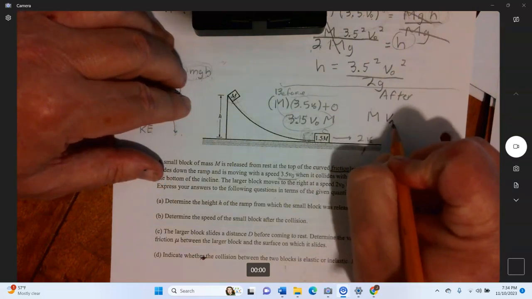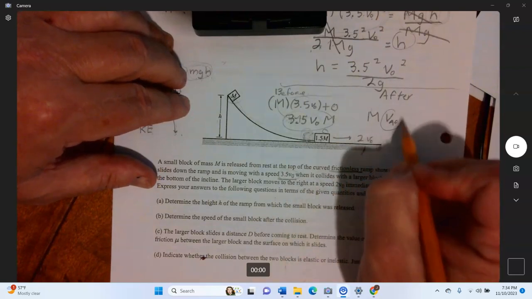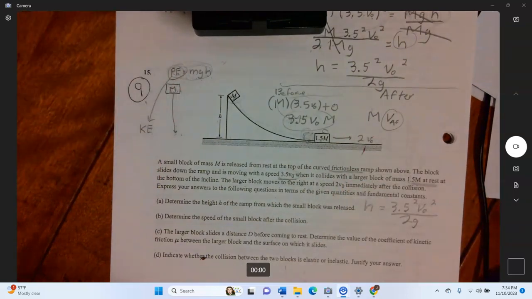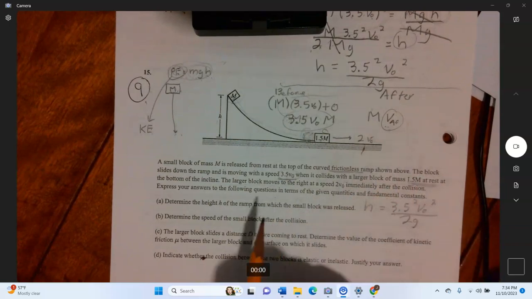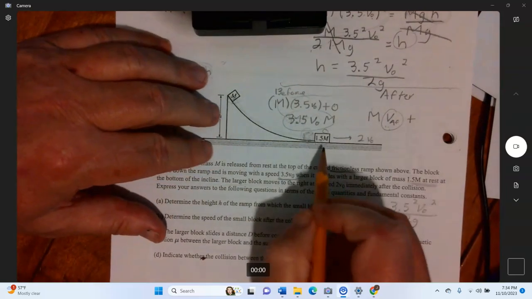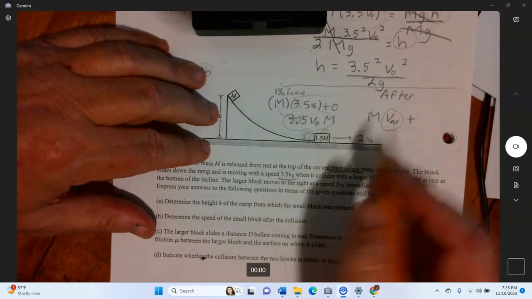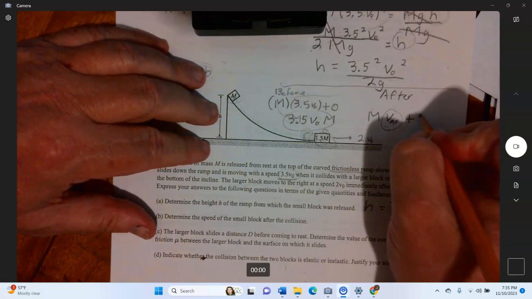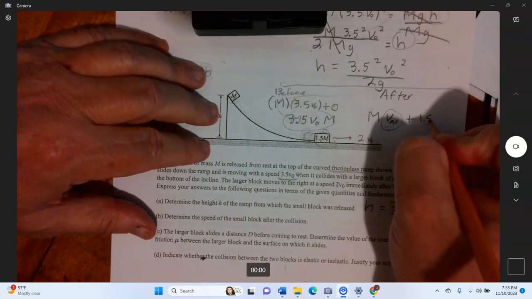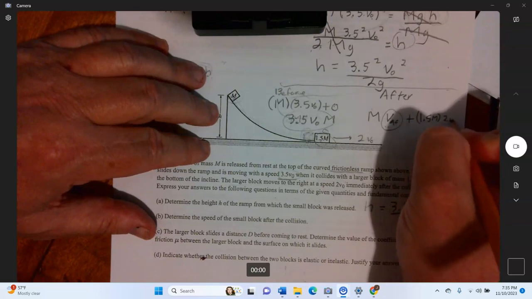So I'll just call that VF for V final. And I'm going to circle that because it can get confusing with all these V's. That's what we're trying to solve for. Plus this mass, 1.5 M, times 2 VO.